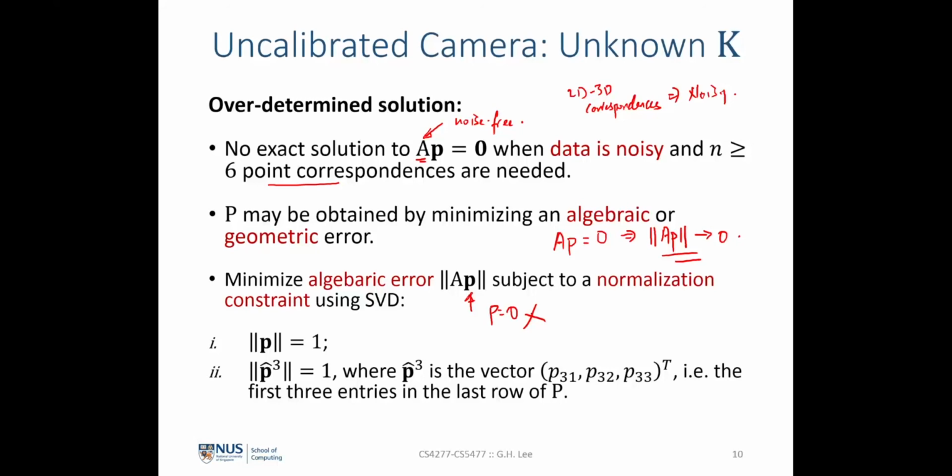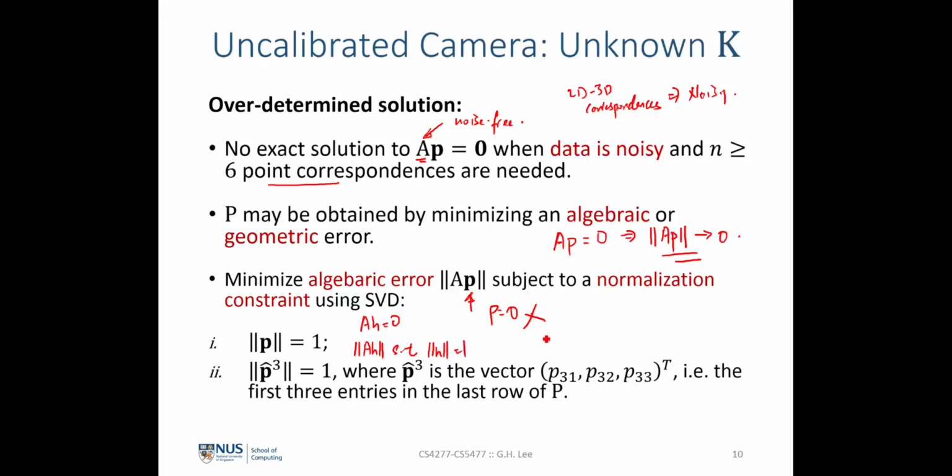And in this particular lecture, we will use the first option over here, where we will just constrain the norm of the vector P to be equal to 1. So this is similar to what we have seen earlier in the lecture on homography and fundamental matrix. In the lecture on homography, we want to minimize the norm of AH subject to the norm of H equal to 1.